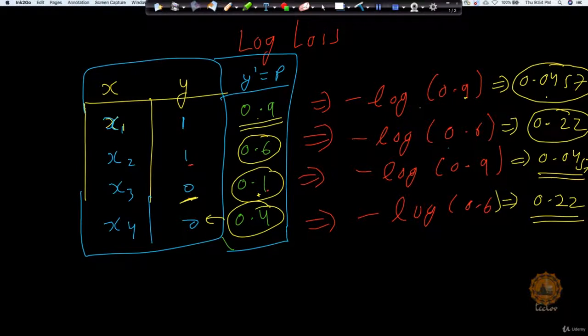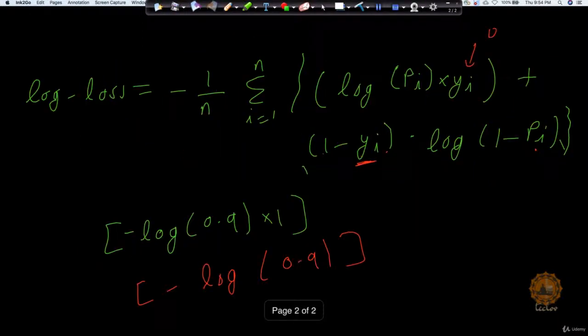Now I can extend the same thing to my multi-class classification example as well. Right now we understood the binary classification part, but I can extend it to complete multi-class classification. So let's try to put the same thing into multi-class classification.